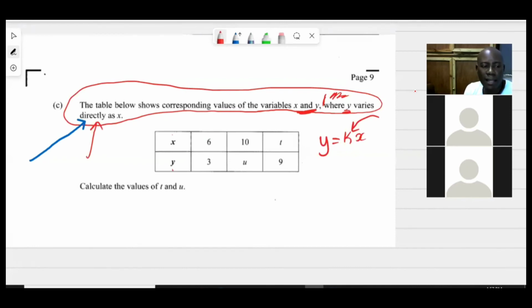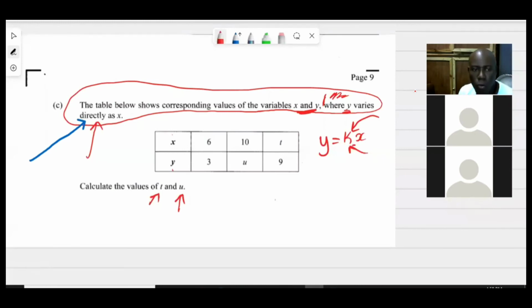Now, calculate the values of t and u. In order to calculate the values of t and u, you need to know the constant. Just as, in order to pay the man and to know how many juices you can afford, you will definitely need to know how much for one.